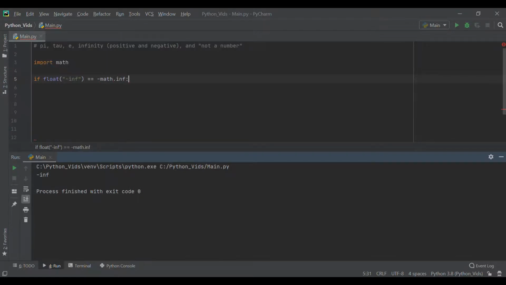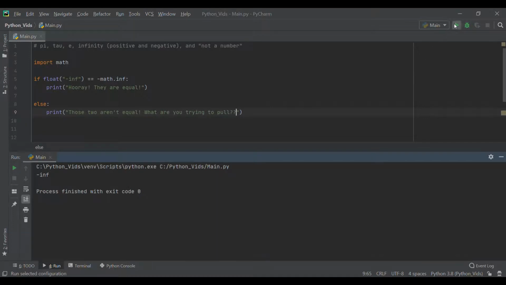Well, if float of negative inf equals negative math dot inf, print hooray, they are equal. And it's important to always be grammatically correct when saying hooray, they are equal. Else print those two aren't equal. What are you trying to pull?